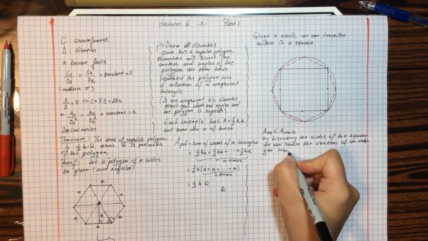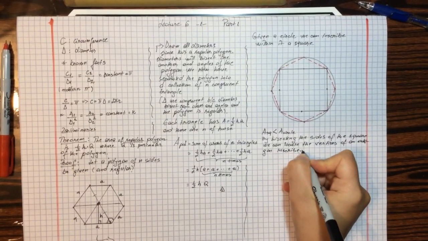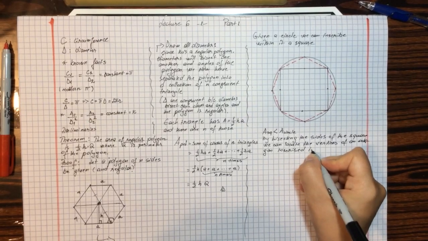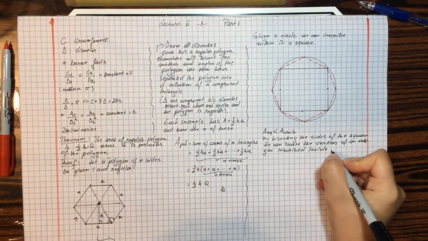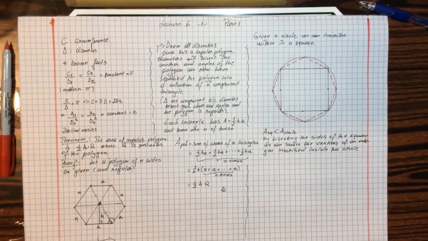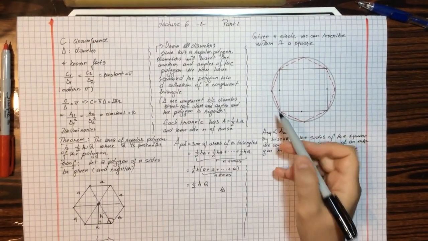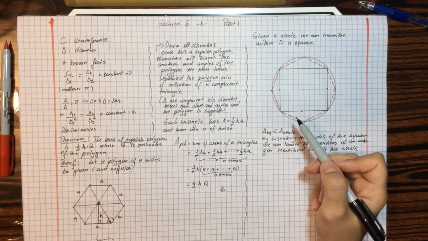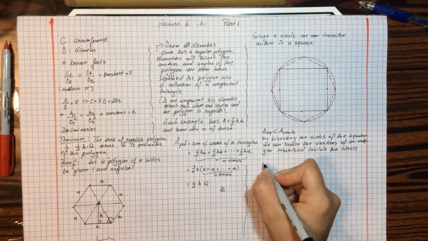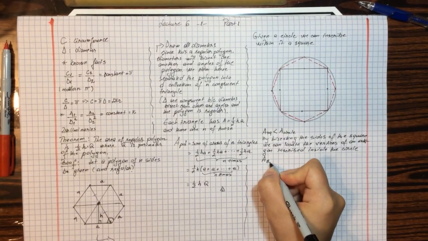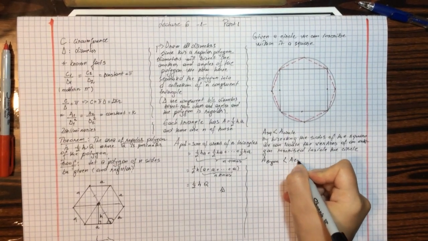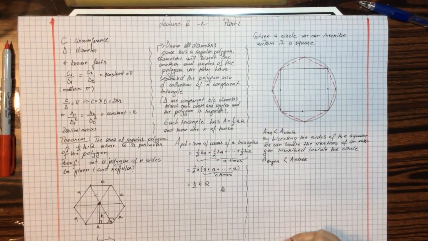Inscribed inside the circle. Okay, so again, since this octagon is inscribed in the circle, its area surely is less than the area of the circle. So area of the octagon is less than the area of the circle.